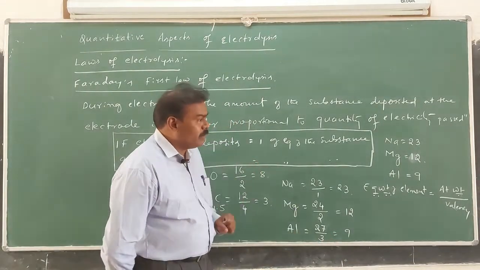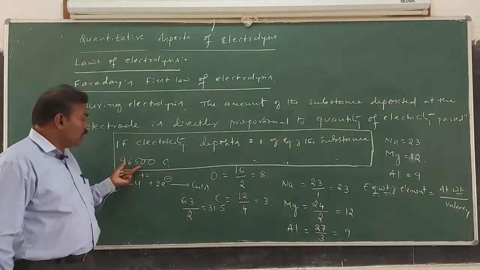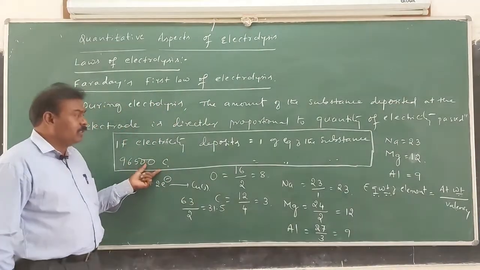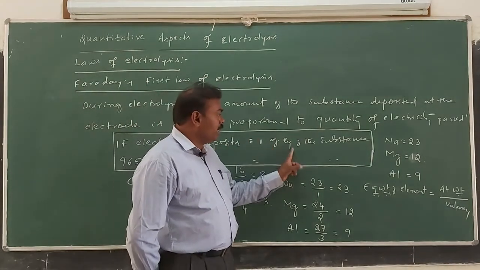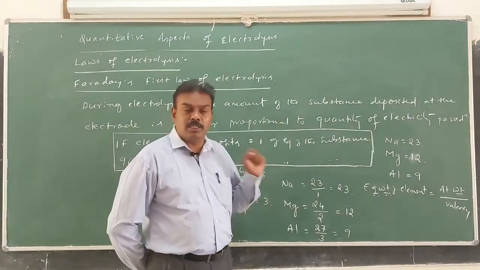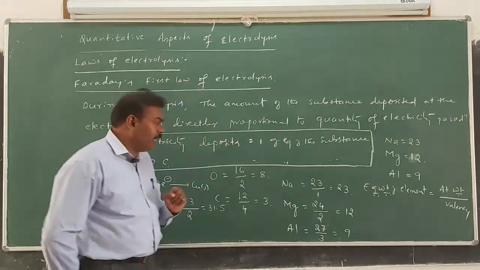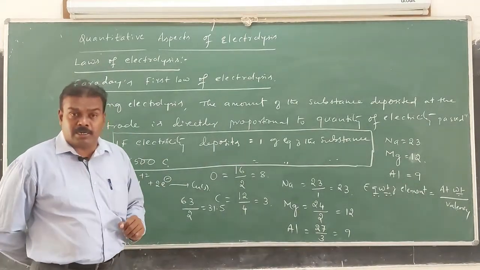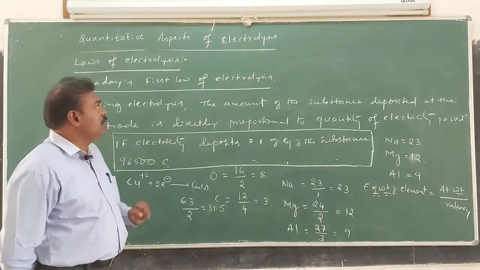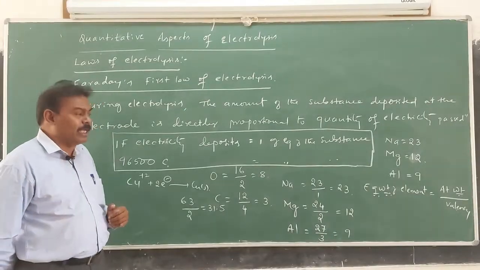We should know the concept that 1 Faraday, or 96,500 coulomb of electricity, deposits 1 gram equivalent of the substance. This is a very important concept regarding the quantitative aspects of electrolysis.